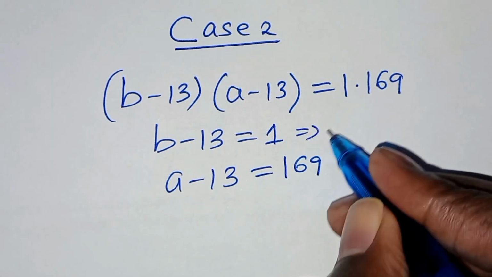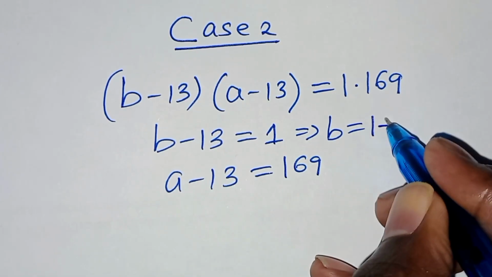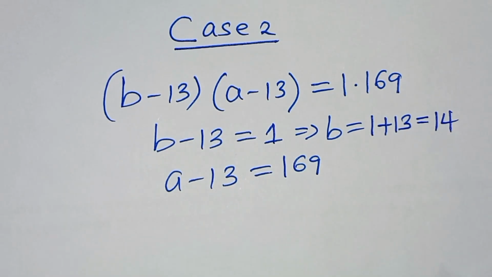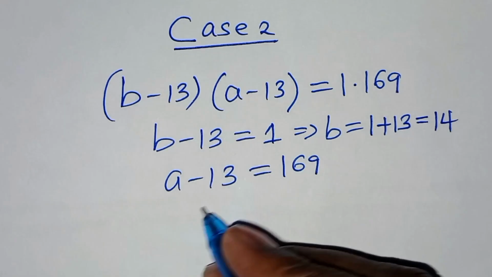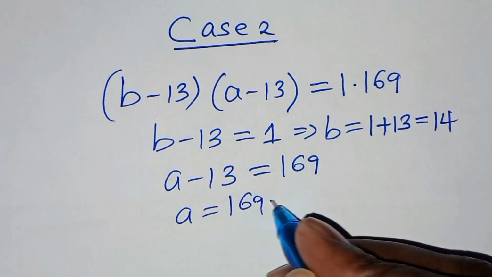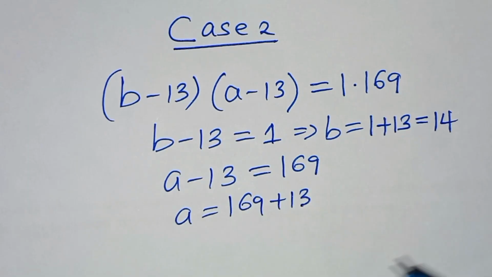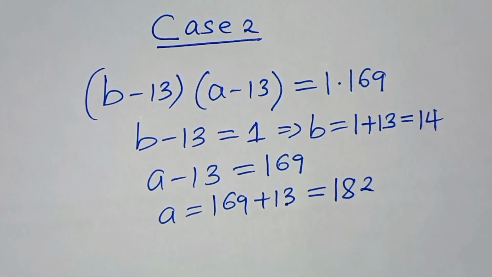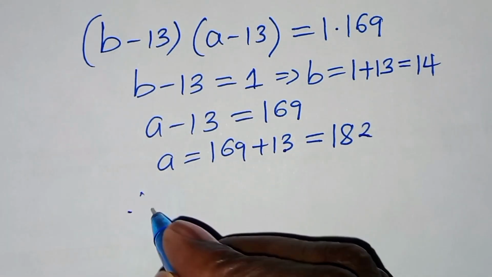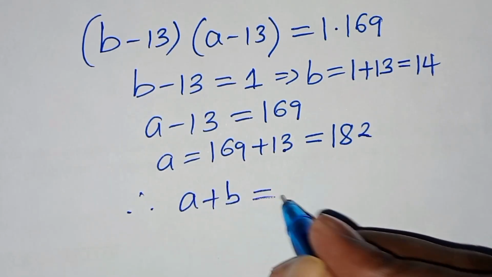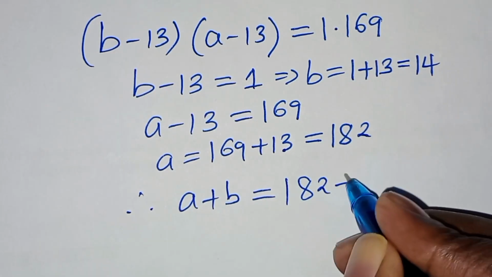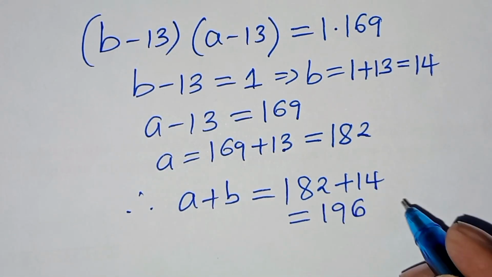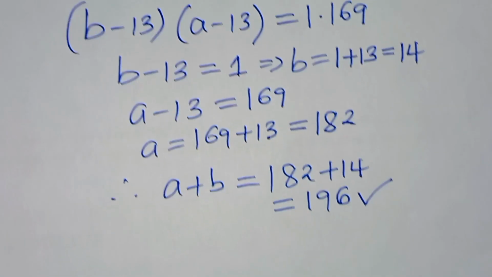This implies b is equal to 1 plus 13, which is 14, and a is equal to 169 plus 13, which is again 182. Therefore a plus b is 182 plus 14, which is equal to 196. This is the solution to case 2.